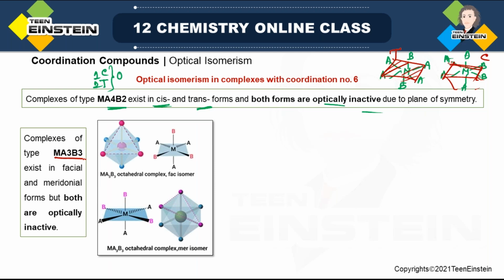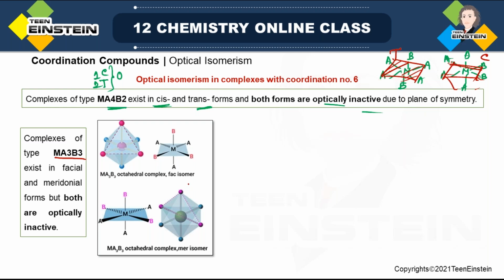If it is type MA3B3, it exists in facial and meridional forms. Obviously for this type we have seen that fac and mer isomers are possible when we discussed geometrical isomerism. But now if we individually consider these geometrical isomers, they are also optically inactive. And why is it so?